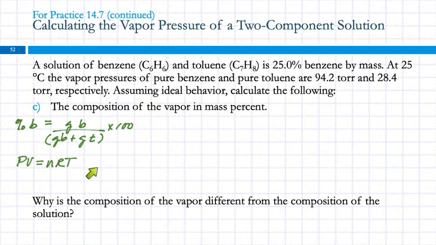I've got the temperature, it's 25 degrees Celsius. I've got R. I want n, but I don't know what the volume is. Well, I'm going to have to do this for the toluene also. I could just choose something convenient, like a liter. So I'm going to choose 1 liter of gas mixture.